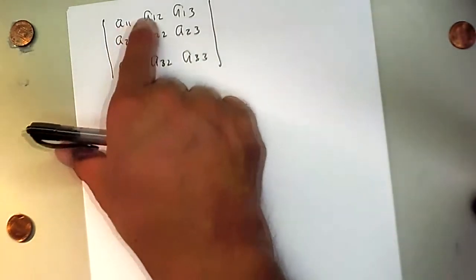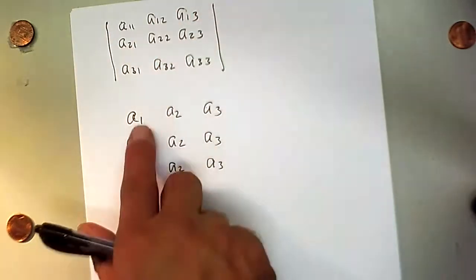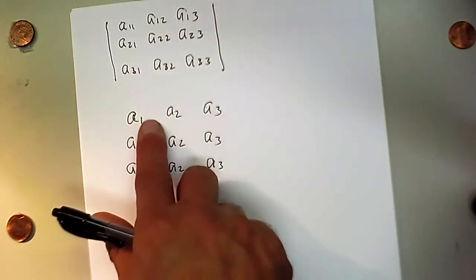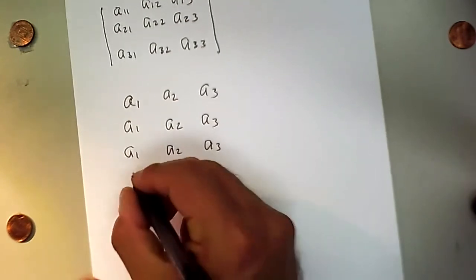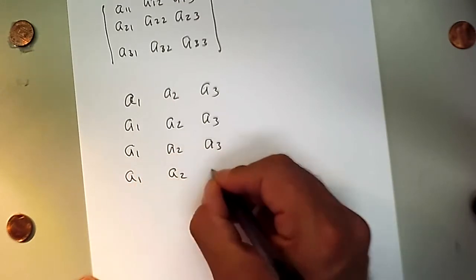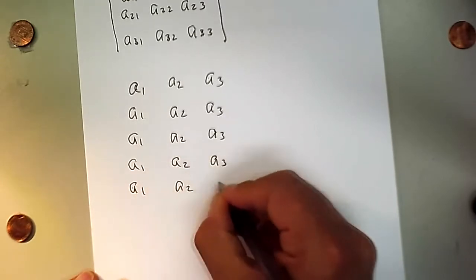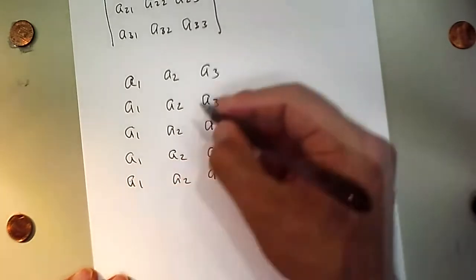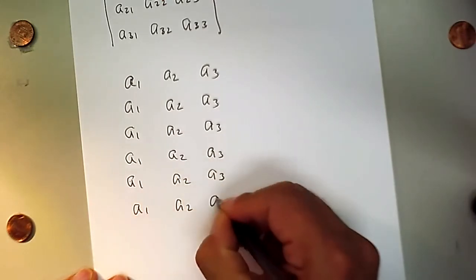Notice that there are 2 indexes in every element. So here, this is not finished. I have to place a second index on each one of those A's. But I want to show you how this is formed.